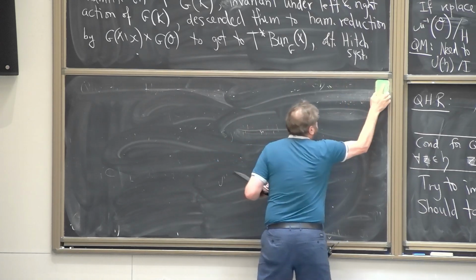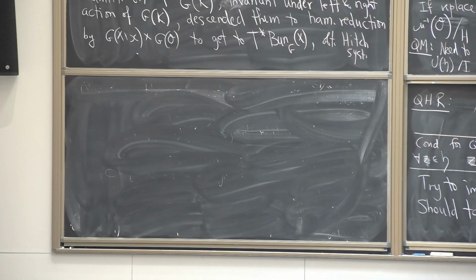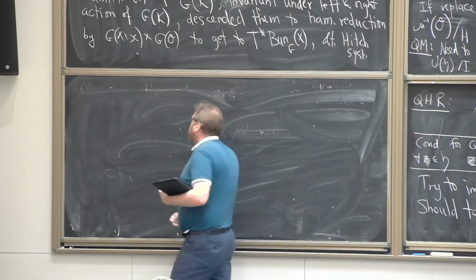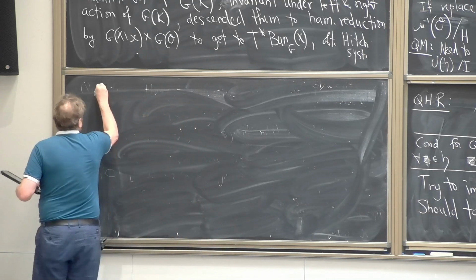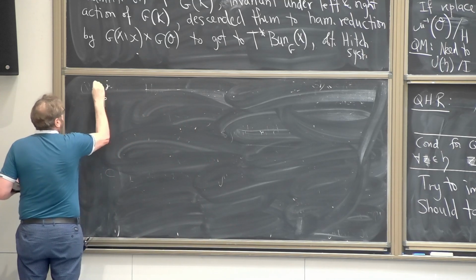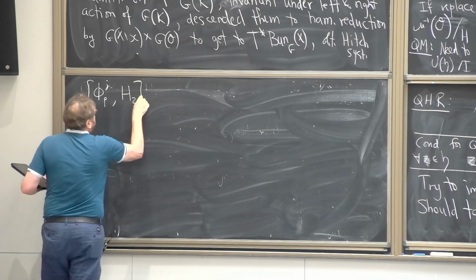In particular, we needed this to be invariant with respect to the action of the Lie algebra. So we want the commutator of phi with this H2 to be 0.